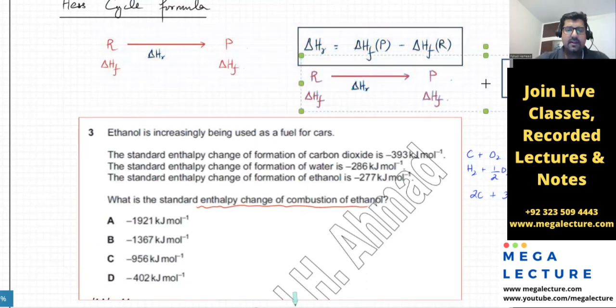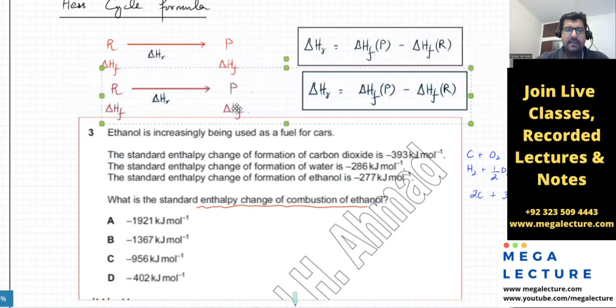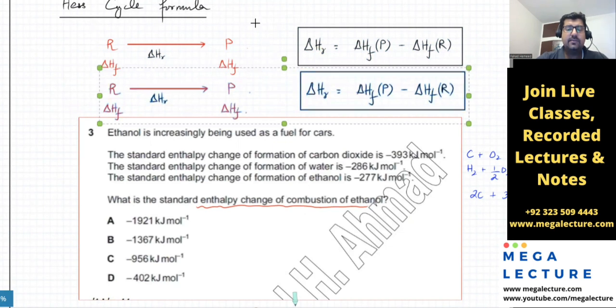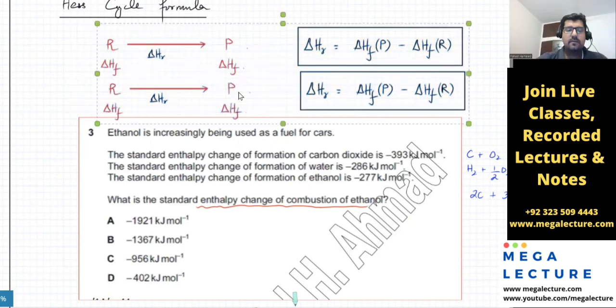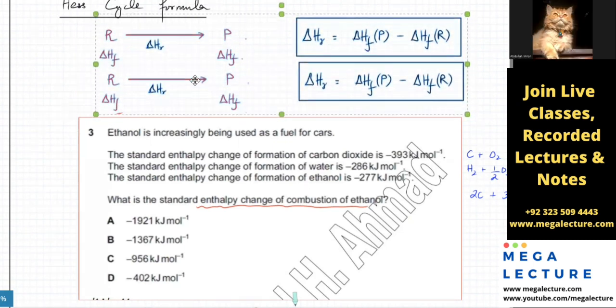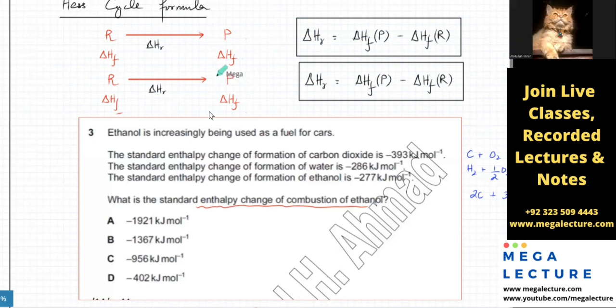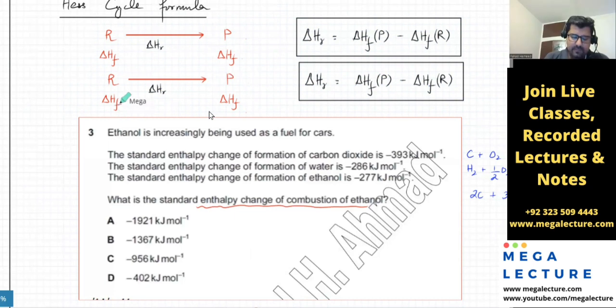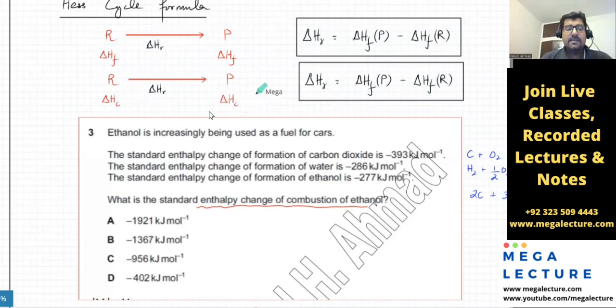So what if you have a question, and in this other one, what is given is, instead of enthalpy of formation, you're given the enthalpy change of combustion of the reactants as well as the product.